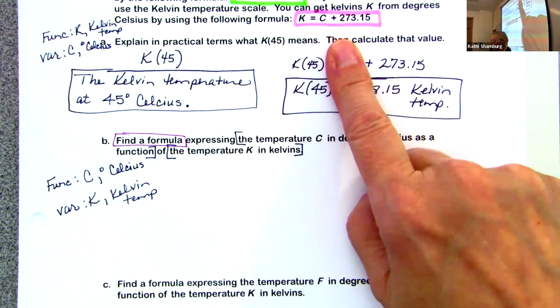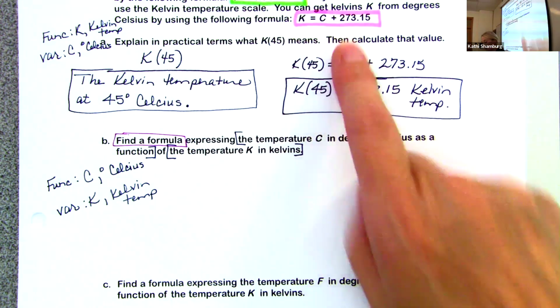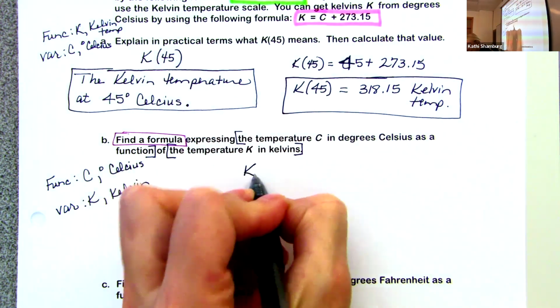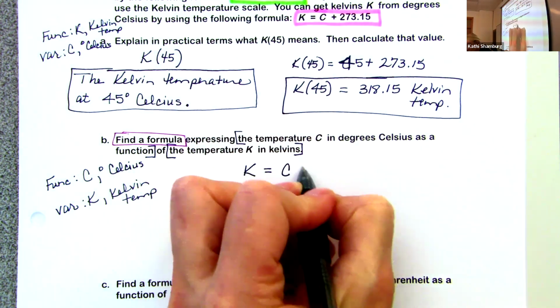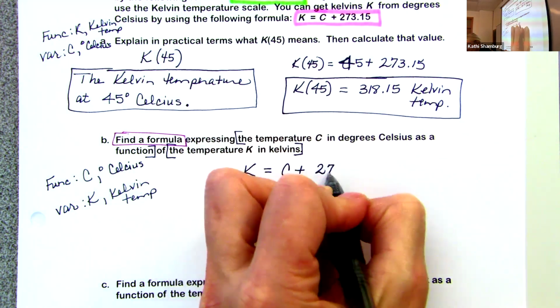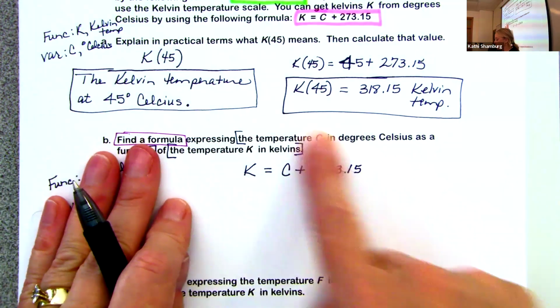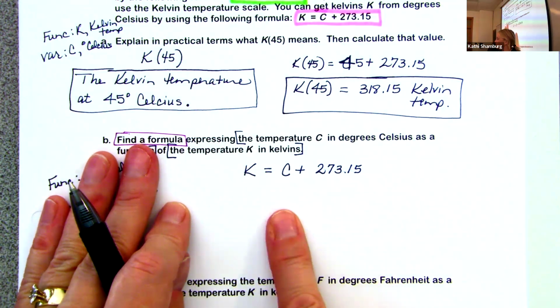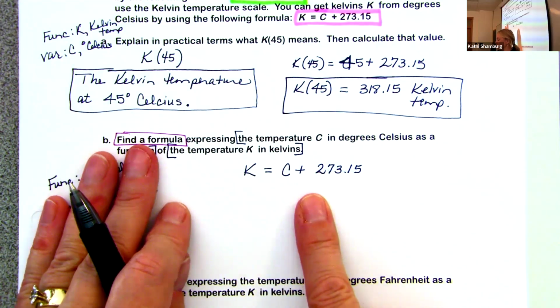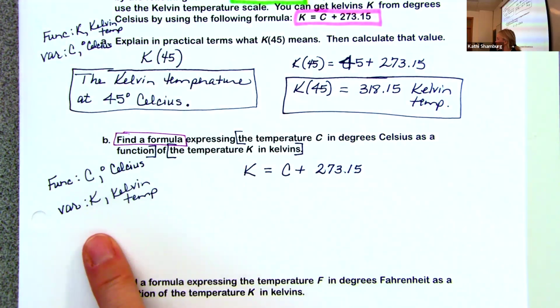So I'm going to come down here and we have K and C. So I'm going to write that formula. K equals C plus 273.15. Right now, how it's written, what is my function? K. And what is my variable? C. But it wants what to be my function?